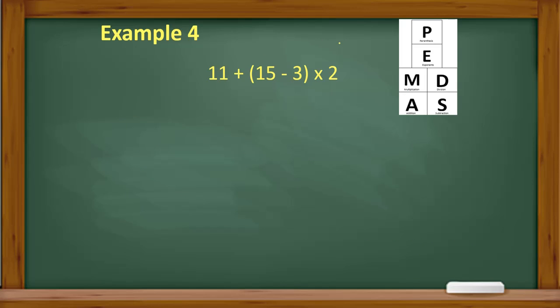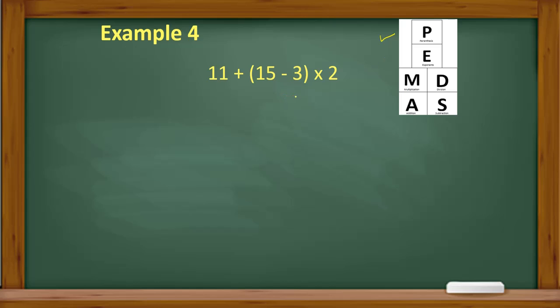Let us have another example. If we have 11 plus open parenthesis 15 minus 3 close parenthesis times 2. So what is the first step? We perform operation inside the parentheses.